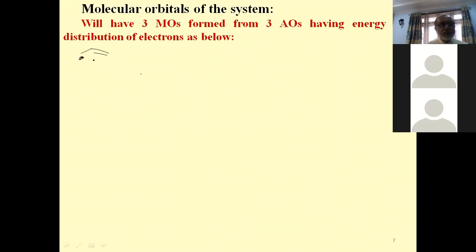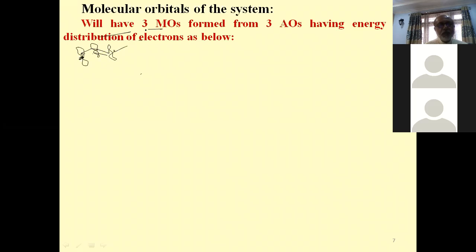So how many electrons are there? 3 electrons. This pi bond will have two p orbitals, and this radical also will have 1 p orbital. So there will be 3 p orbitals.